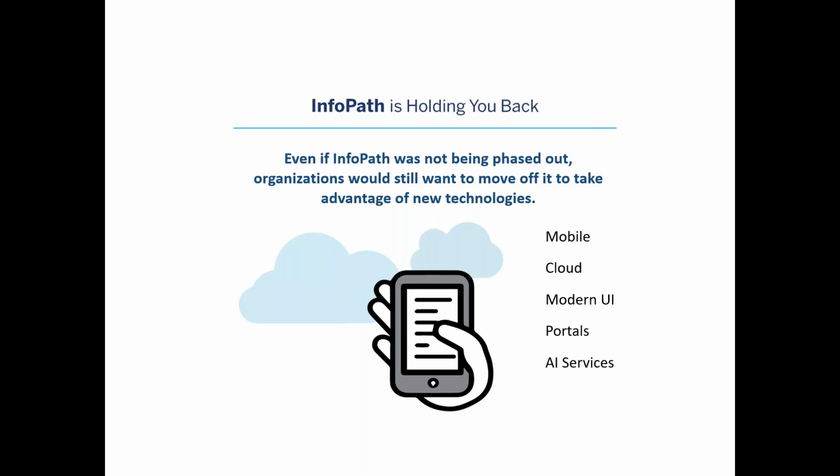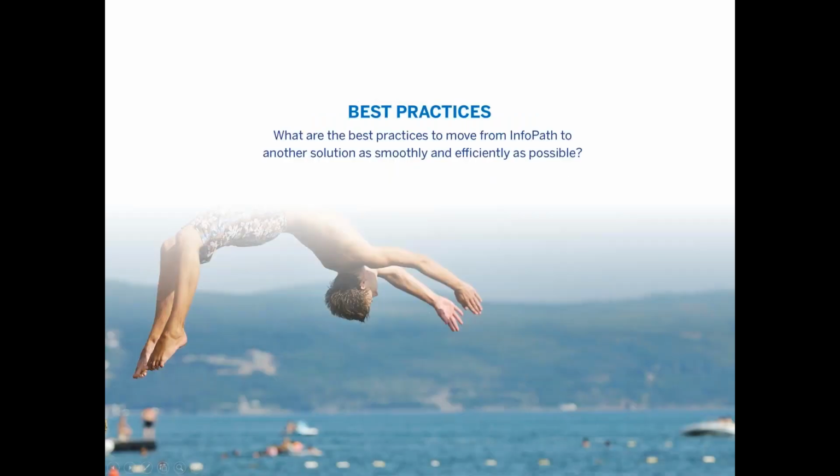We don't use old technology for a reason. There have been advances that are advantageous to businesses that adopt them. So even if InfoPath's working for you, it's kind of like having money in the bank and losing interest. I don't know if that's quite a good analogy, but the idea is the opportunity cost of the new technology.